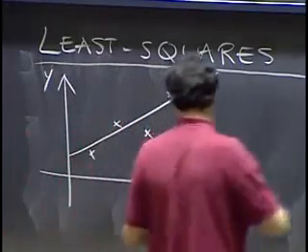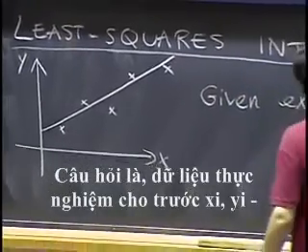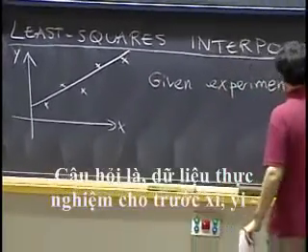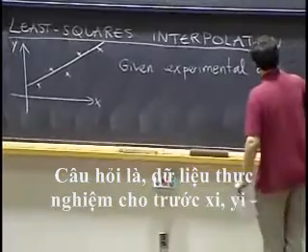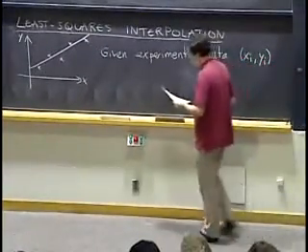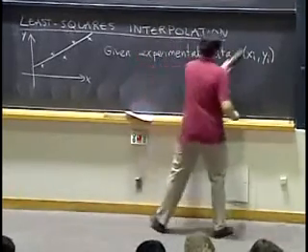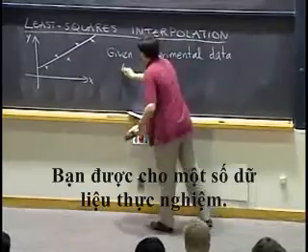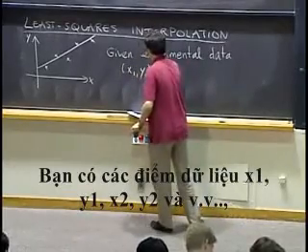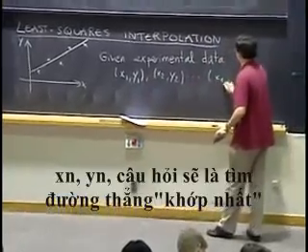So the question is, given experimental data, to be more precise, you're given some experimental data points (x1, y1), (x2, y2), and so on, (xn, yn).